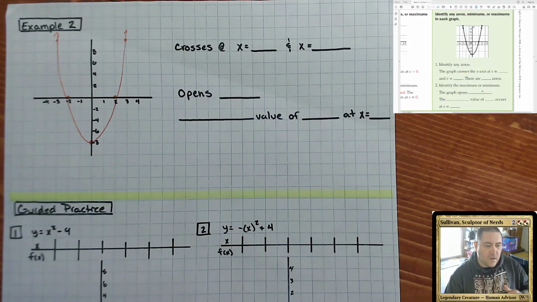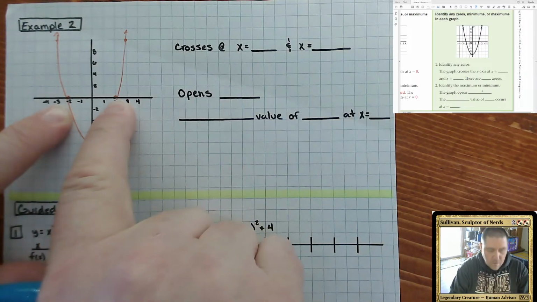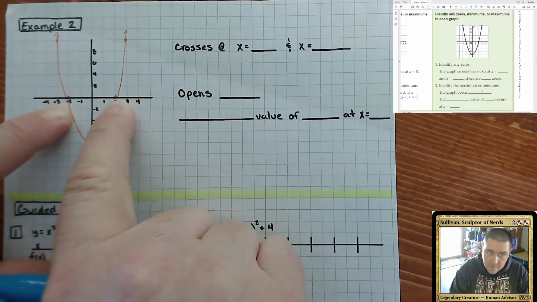If I say my spawn, well, he probably did something silly. If I say goblins, okay, well, he's not making me mad, but they're definitely rambunctious. Each of those just refers to the same person in a different context. Zeros, solutions, X-intercepts, roots all refer to the same thing, where it crosses the x-axis.